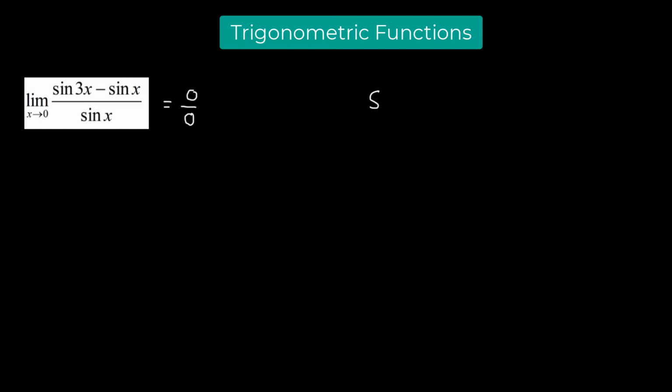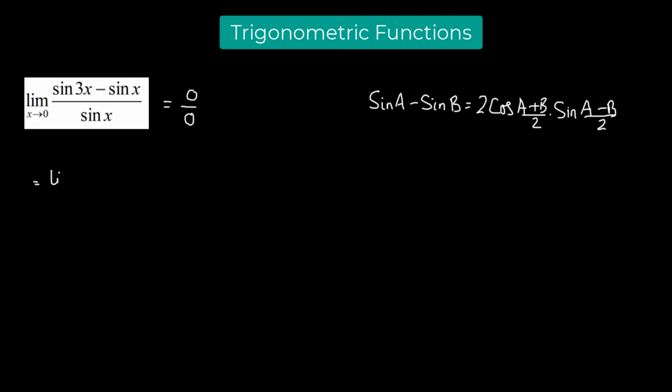Now we know in the numerator we have the form sin A minus sin B. That will be equal to 2 times cos of (A plus B) over 2 times sin of (A minus B) over 2. So let's use it.